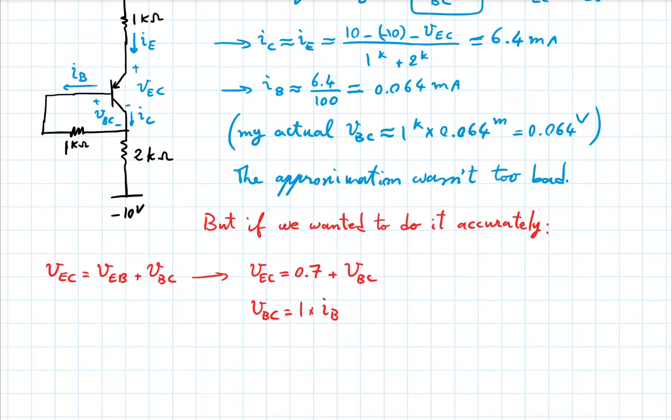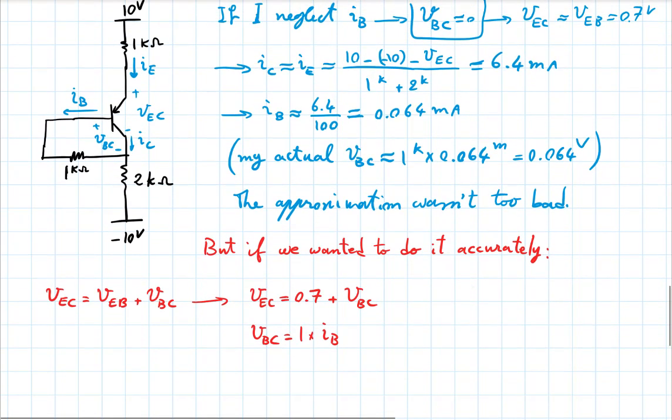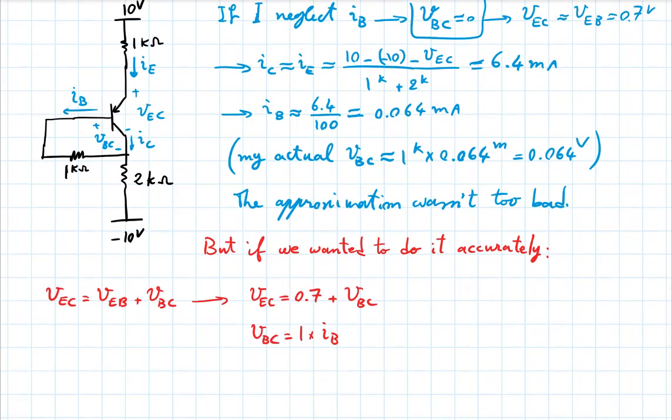Now, what about the emitter and collector voltages themselves? If I wanted to directly work with VEC, VEC is the 20 volts that I have there minus 1K times IE minus 2K times this current, right? Let's call this I1.